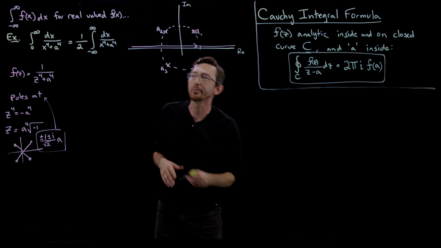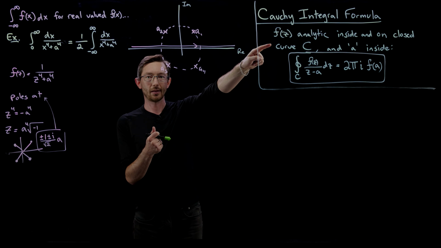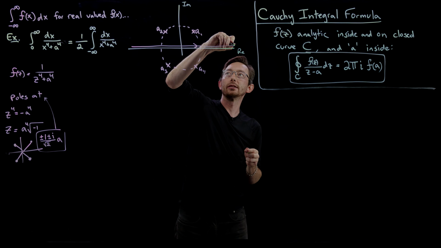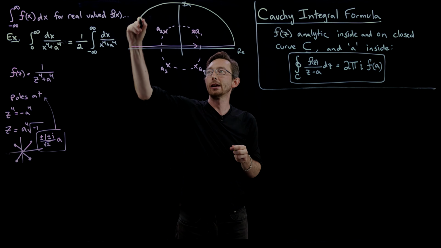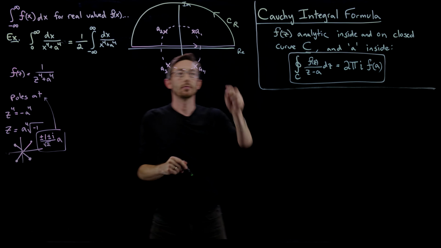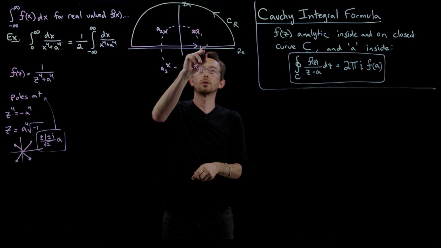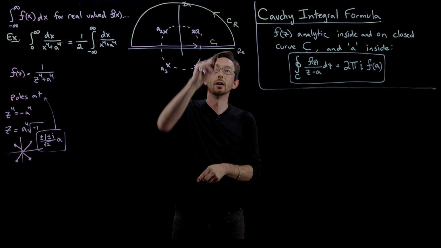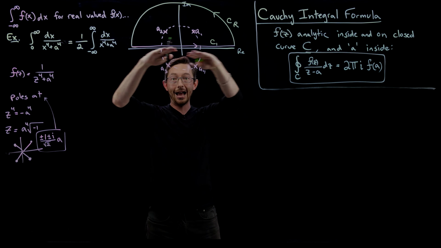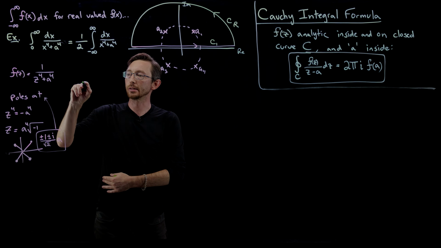And so what I'm going to do is define this large radius contour CR. And this is my integral I actually want. We'll call this C1. The actual integral I want is this integral along the real axis.